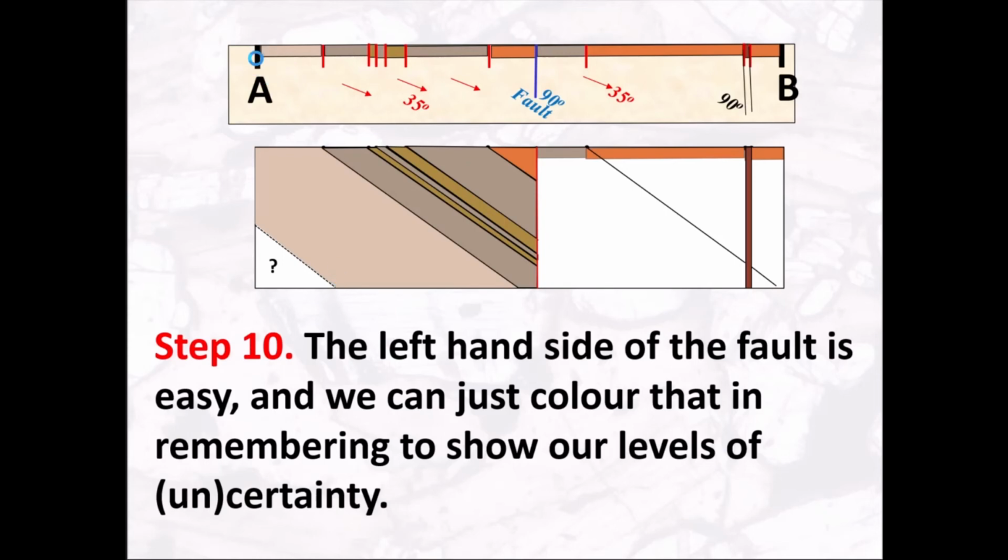And because my cross section ends at A, I don't really know how much further this millstone grit rock extends towards A. So what I've done is taken it a little way, I've estimated it from the stratigraphic column, and then I've tried to dot in my level of uncertainty. What I'm trying to say is that beneath this millstone grit there might be other rocks. I don't really know exactly what they are based on the information from my cross section, and I don't really know exactly how deep I'd have to go to find them, but I'm just telling you that they might be there.